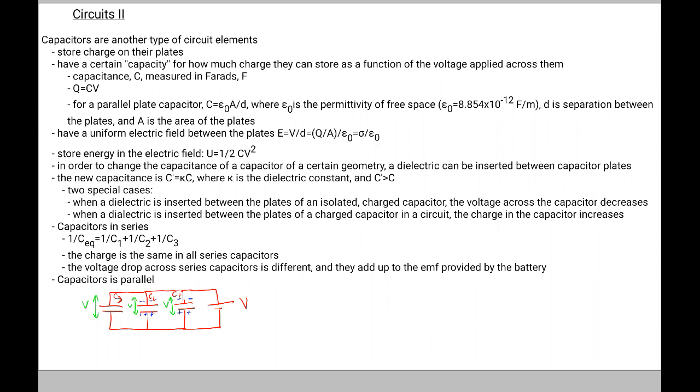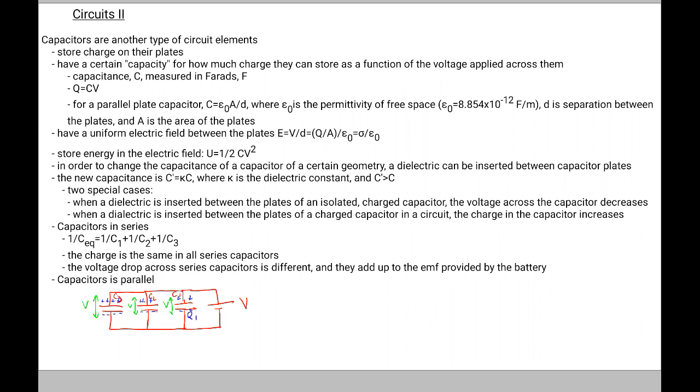So let me go back and erase things. So here's the capacitor, here's the other capacitor. So this will be the positive end. Plus, plus, plus, minus, minus, minus. 2 minuses here. Let's say that this one can take 1, 2, 3, 4. So the charge on the capacitors is going to be different.